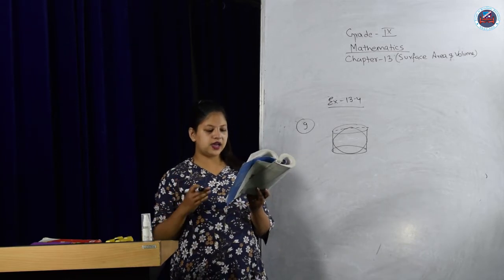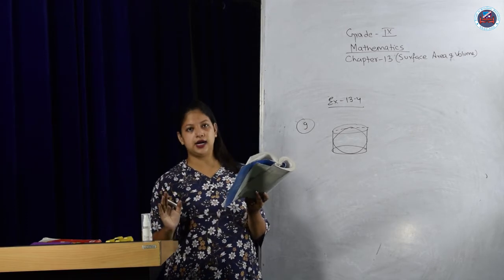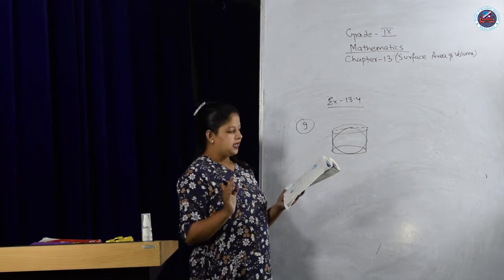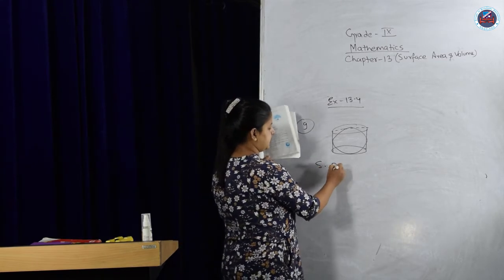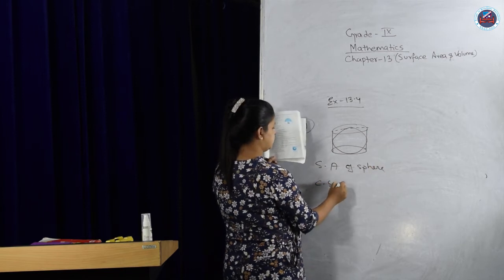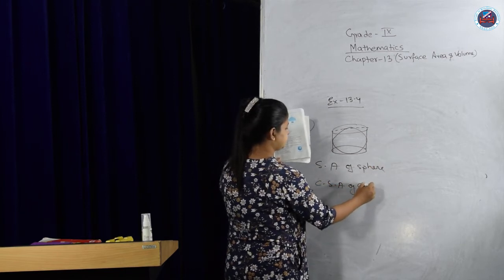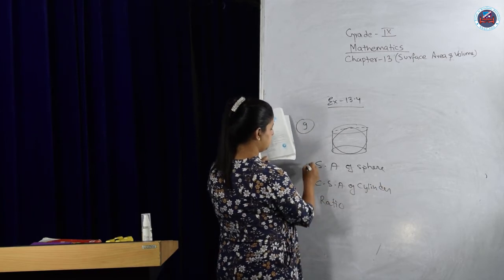And it is said a right circular cylinder just encloses a sphere of radius r. Then you are asked to find surface area of sphere. Next, curved surface area of cylinder and ratios of 1 and 2.